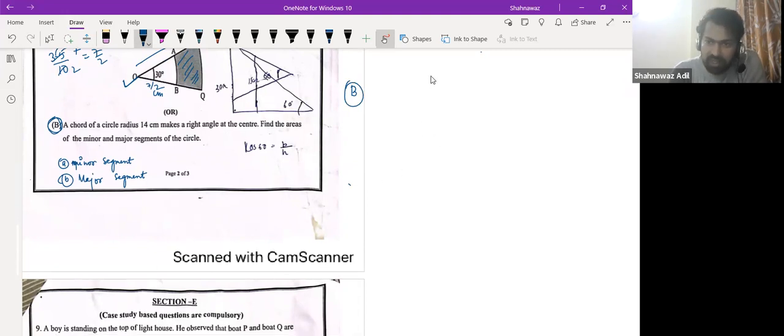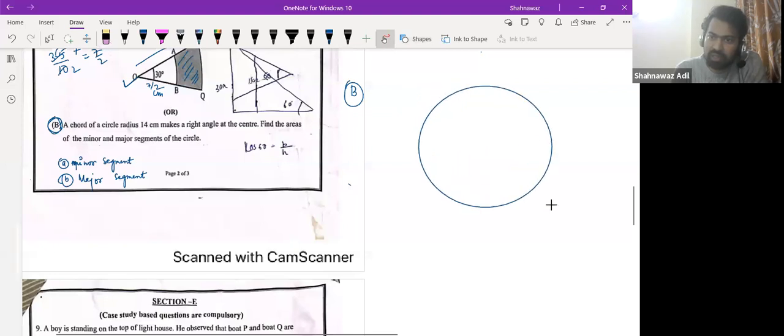We have to draw a circle. Then there is a chord.